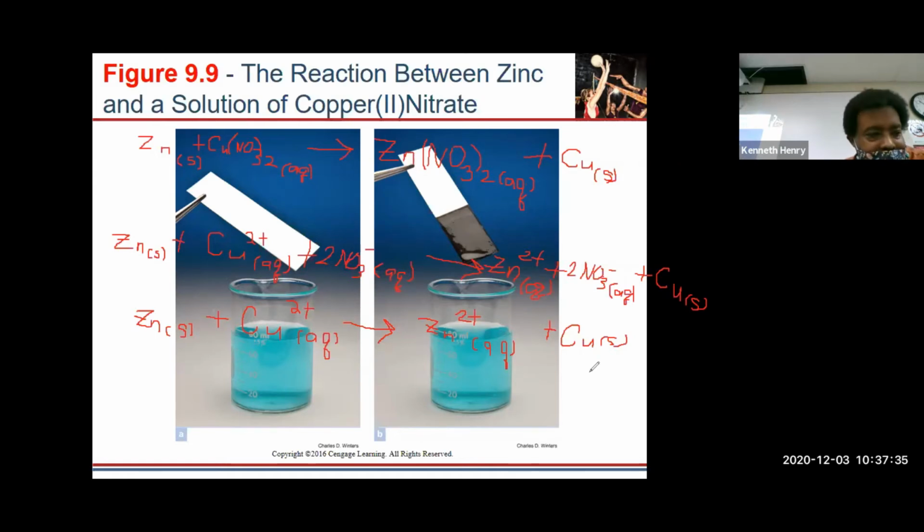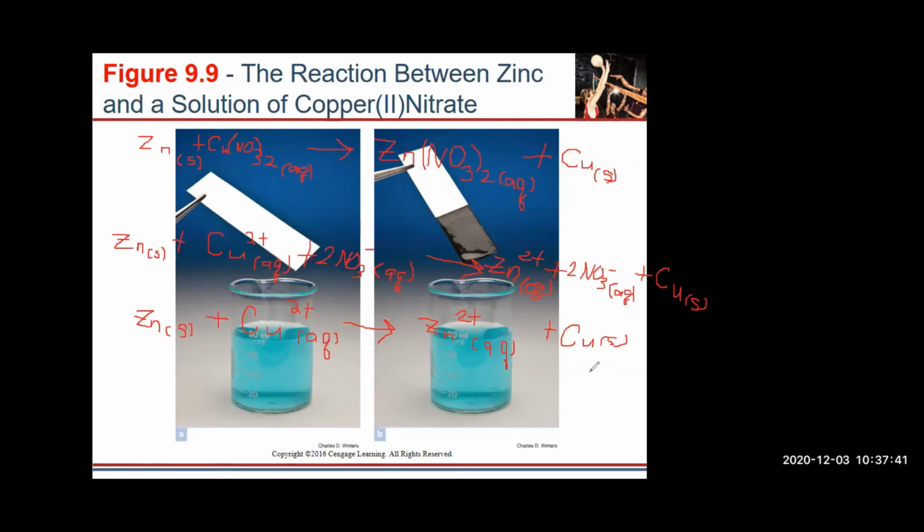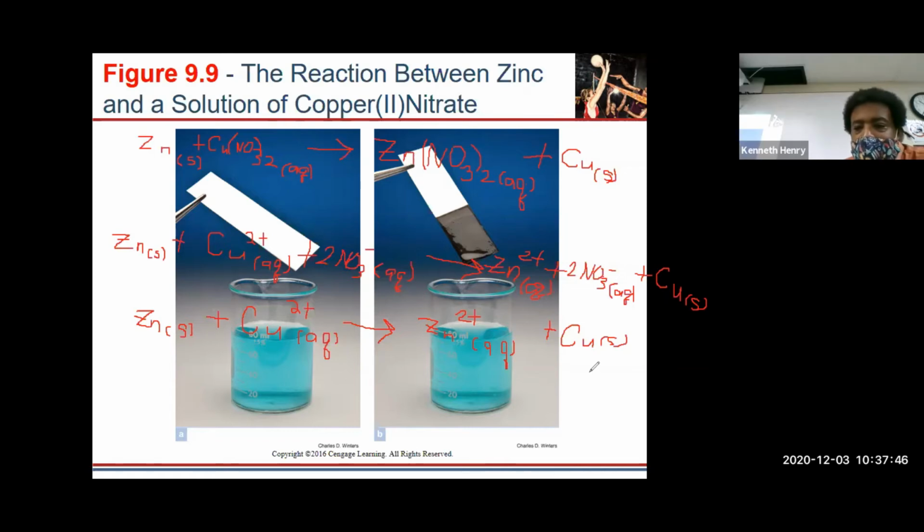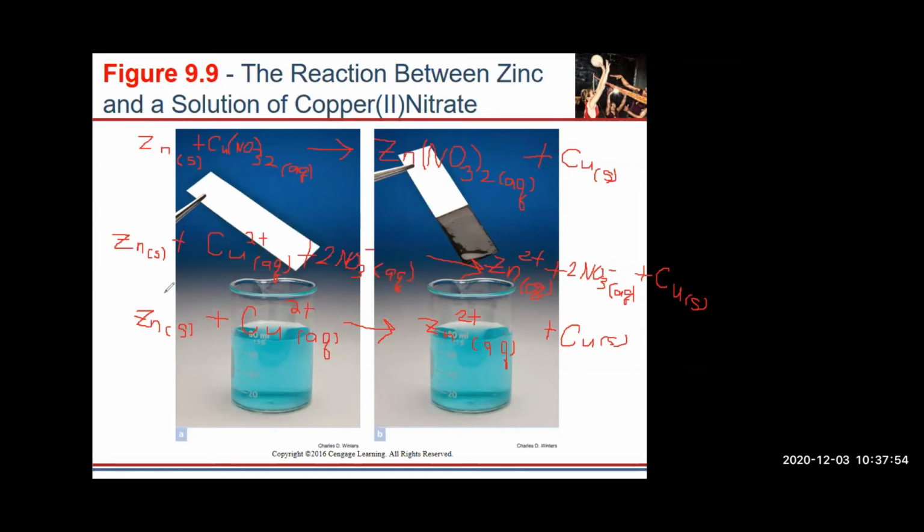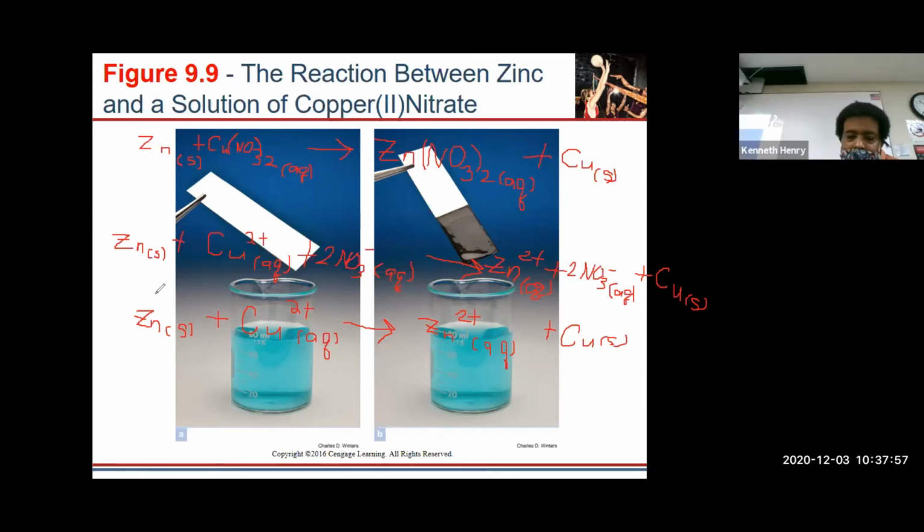Questions, concerns, Cash. Do we have to find the oxidation and the reduction or no? Yes, we do. Okay, so which one is being oxidized? What is the charge on an element?